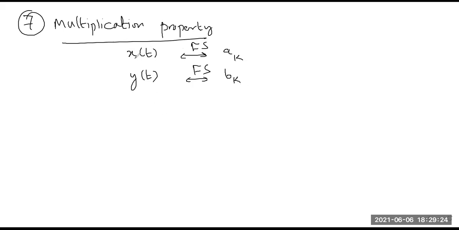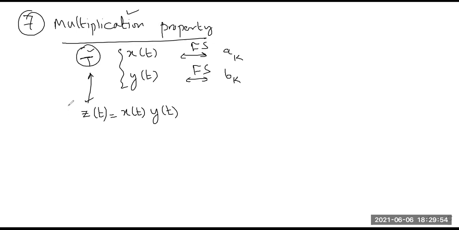Now, if you multiply x of t with y of t, that is why it's the multiplication property. The multiplication of these two signals will result in some other signal z of t. Because both of these signals are periodic with period T, z of t will also be periodic with the same period.